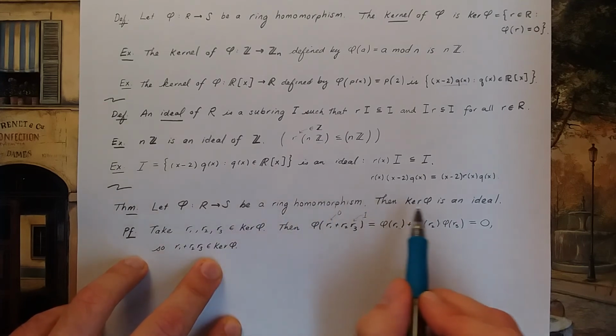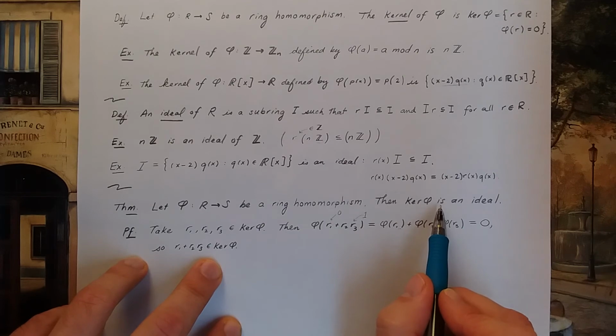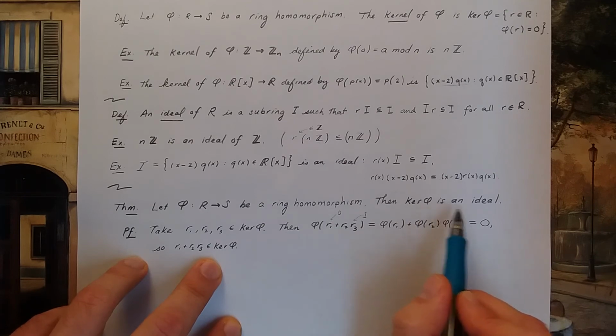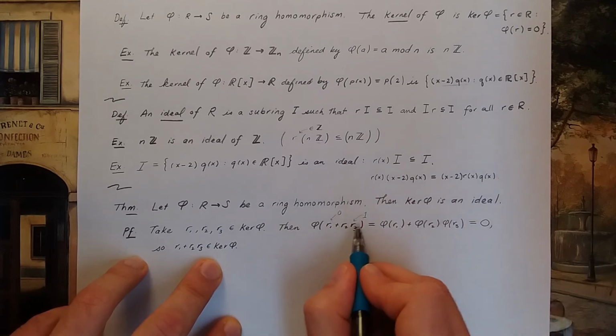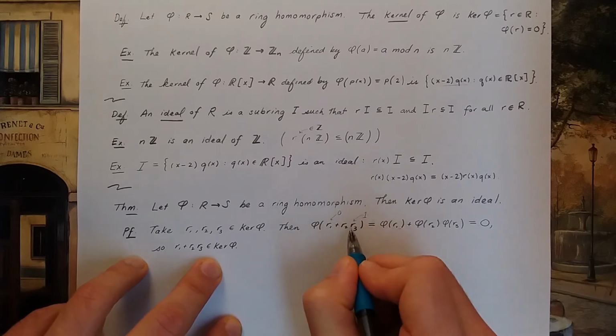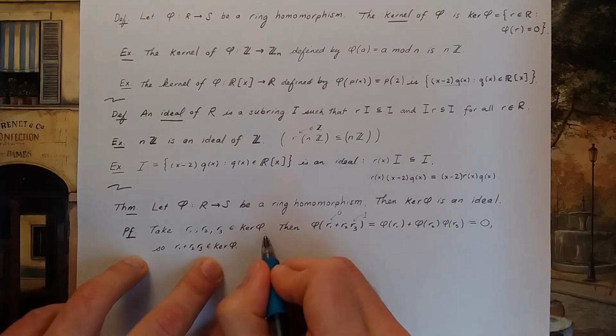Additionally, to be an ideal, I have to show that additive inverses are in the kernel.